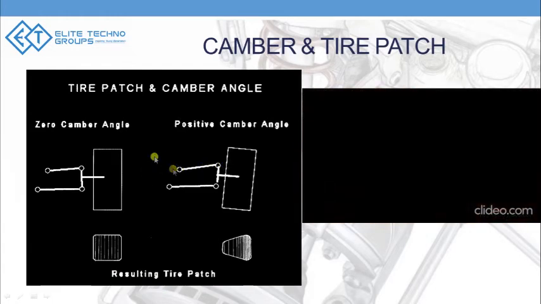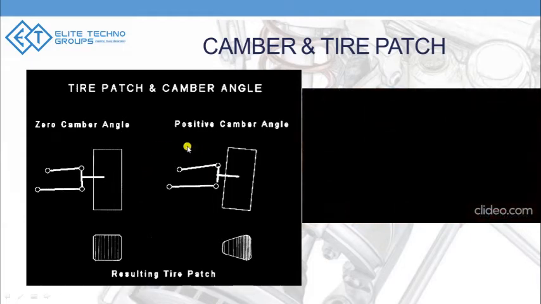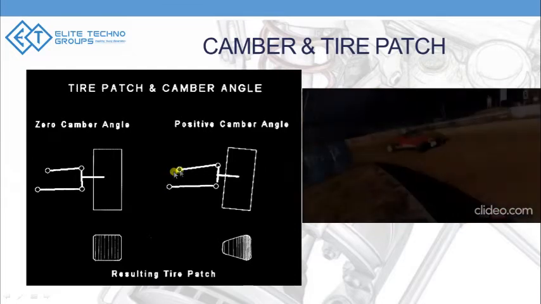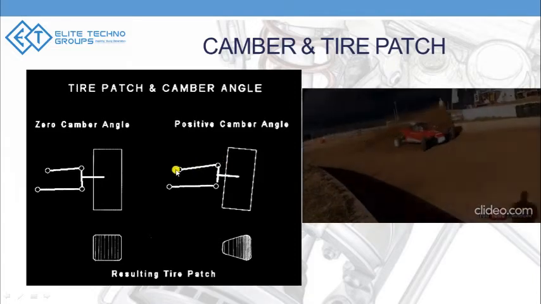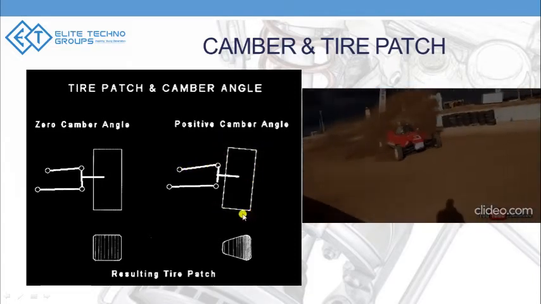Because of the load transfer, the body has a rolling motion, something like this, right? Because of the rolling motion, the top part of the arm moves away from the body, thereby pushing the top part of the tire, creating a positive camber. This is what we call camber gain.